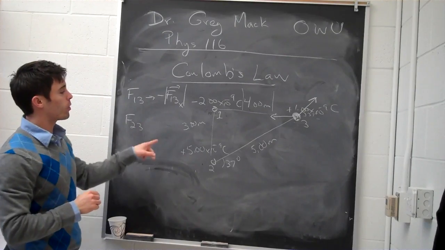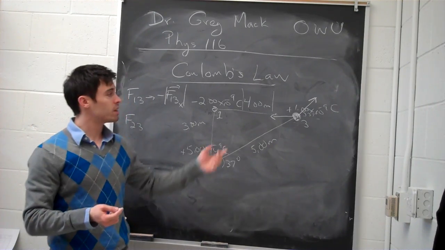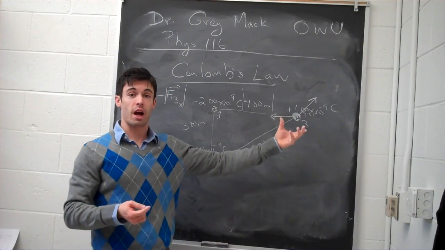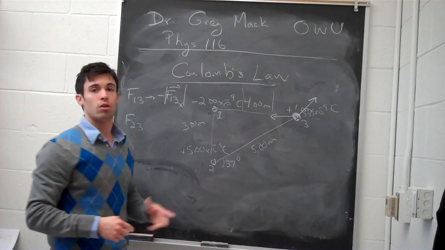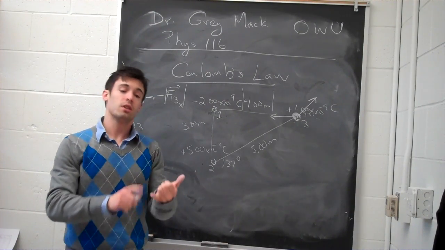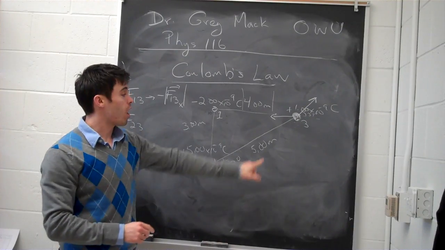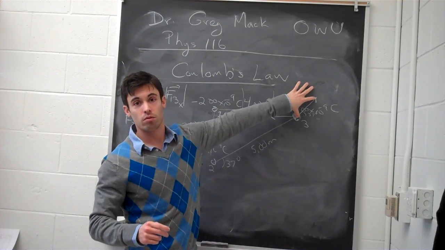Now for F23, we're going to have a component both in the x and in the y. They're both going to be positive, as we can see from the sign. And so you can figure out the force from particle 2 acting on particle 3 by using kQQ over r squared, where r is 5. That gives you this vector right there.